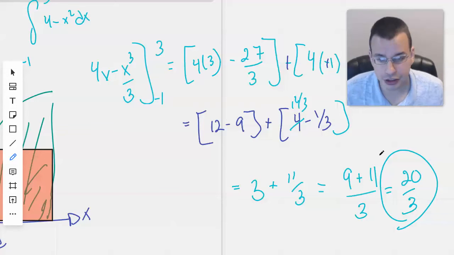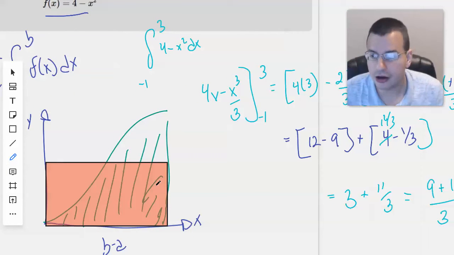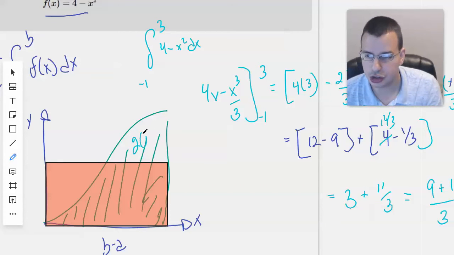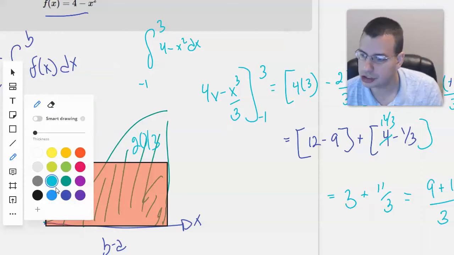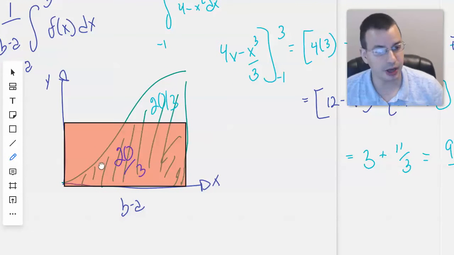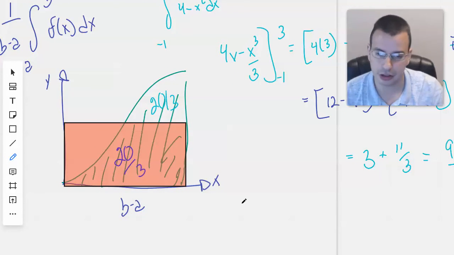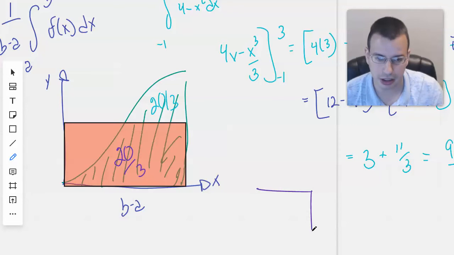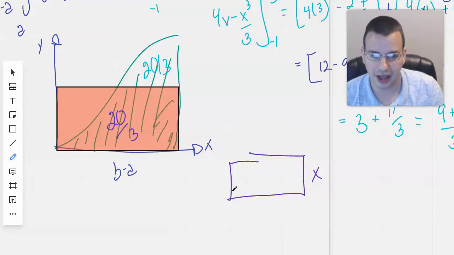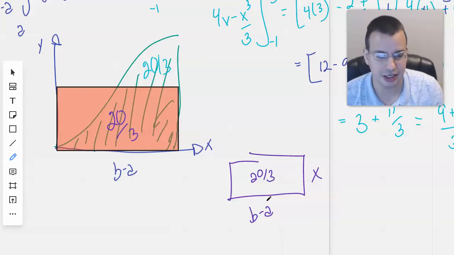Okay, so the area of this box, or this integral here, will be 20 thirds. So I'm going to write it right down here, 20 thirds. And so we know that the area of this box we're creating will be 20 thirds. So one way to think of this would be, we're looking for a value x here, we have b minus a here, and we have 20 thirds as the area.